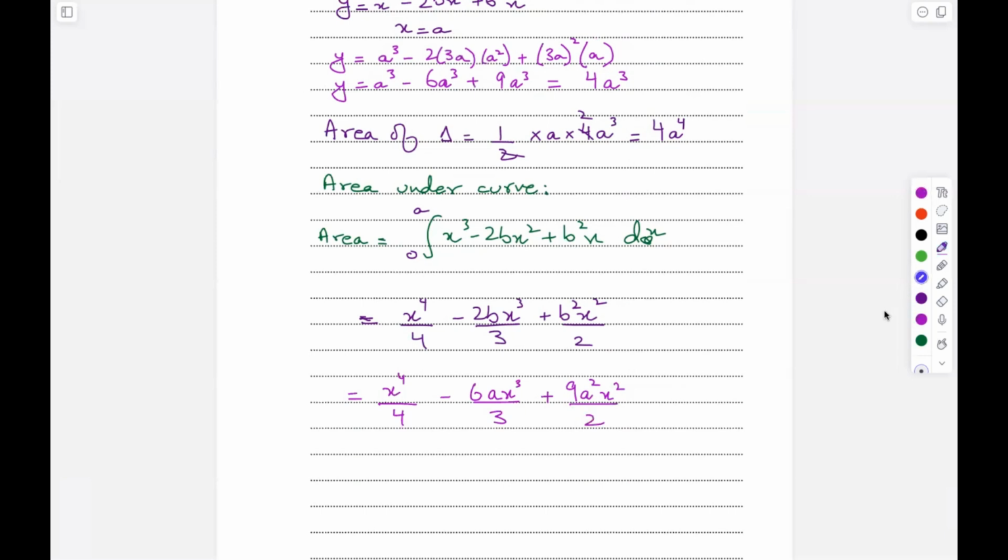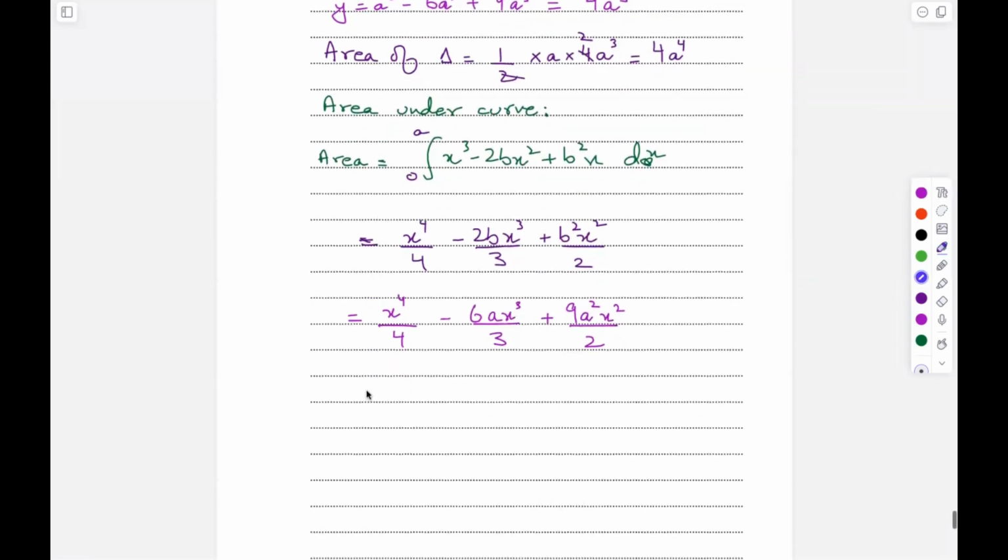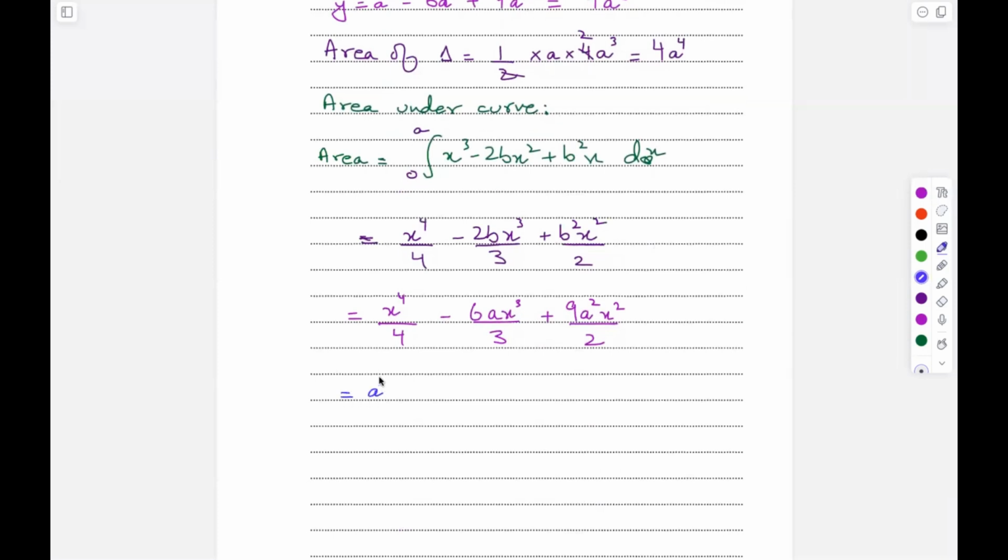Now substituting the upper limit x equals a, this becomes a to the power 4 upon 4 minus 2a to the power 4 plus 9 upon 2 times a to the power 4.